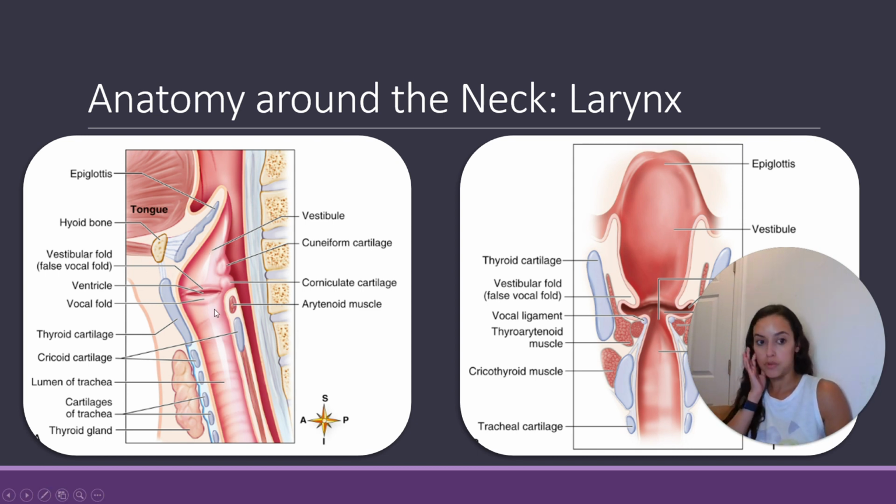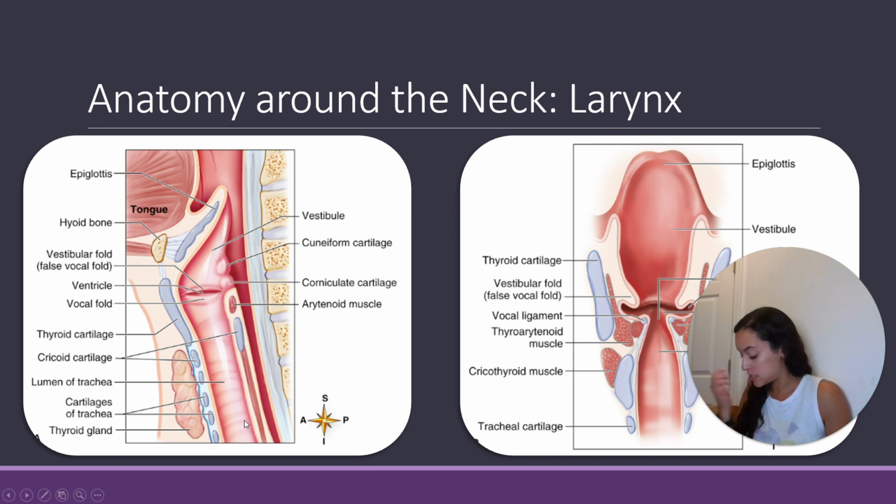It's where your vocal cords are as well, and it's what ends up connecting to your trachea. So the larynx begins at the epiglottis and goes all the way down to the cricoid cartilage, which is right here. After the cricoid cartilage, we start calling that tube, or that lumen, the trachea.